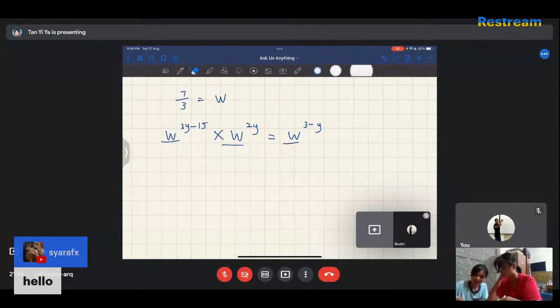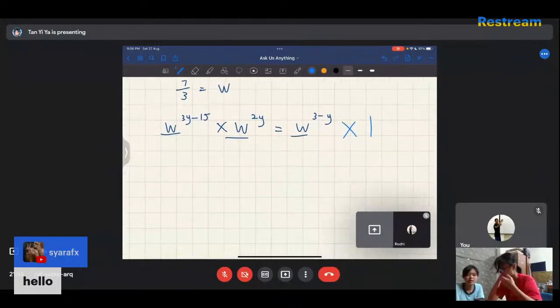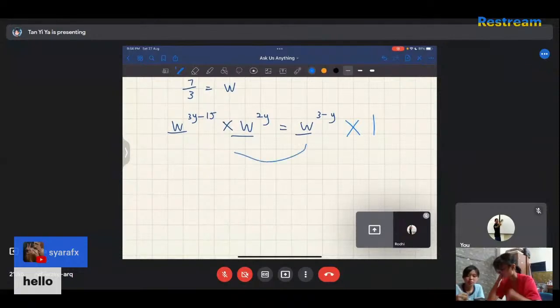Then this one, we know that this one is times 1, right? It is common sense. Anything times 1 will just equal itself. So when we move this here, we make this into the denominator, 3 minus y.